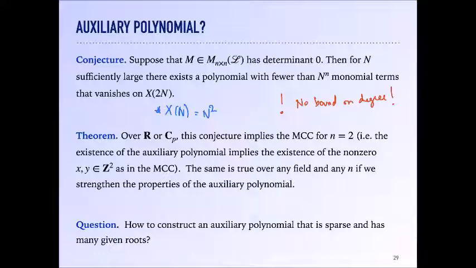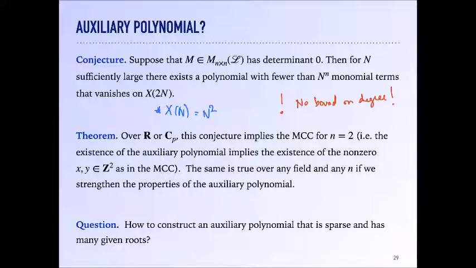I can mention, even though I made this big hubbub about not bounding the degree but bounding the number of monomials, you can do a sort of translation in terms of a polynomial of low degree, but it's not vanishing on this set anymore. You need basically a subset of x of size a constant times n squared.